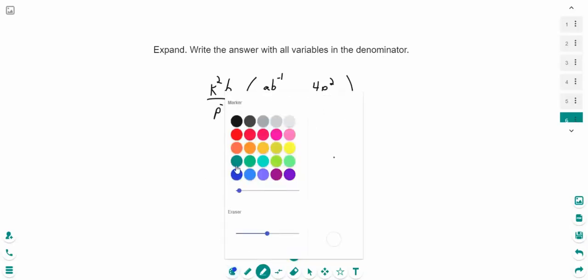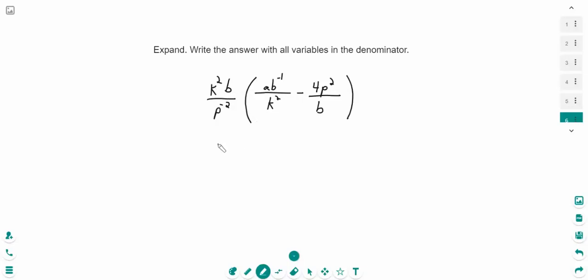All right, so let's give this one a whirl. Same process here. We'll multiply this by the first term. So we have k squared b in the numerator times a b to the negative 1 all over p to the negative 2 times k squared. And then we have a minus k squared b times, and we'll put the coefficient first here.